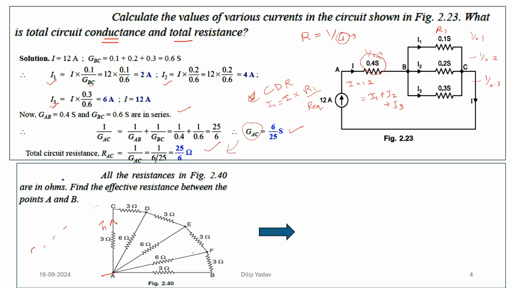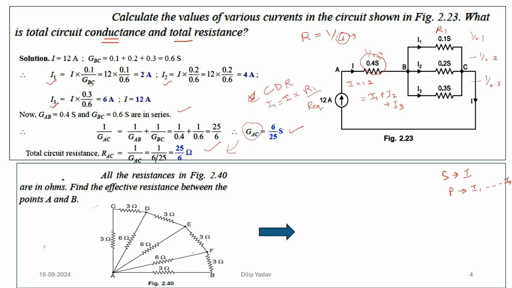In a series circuit the current remains the same, and in parallel the current is distributed. So these two are in series.